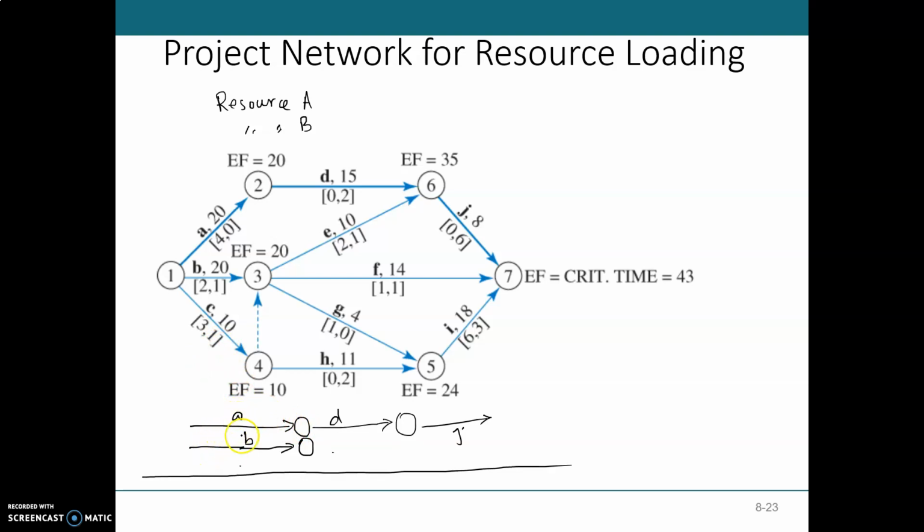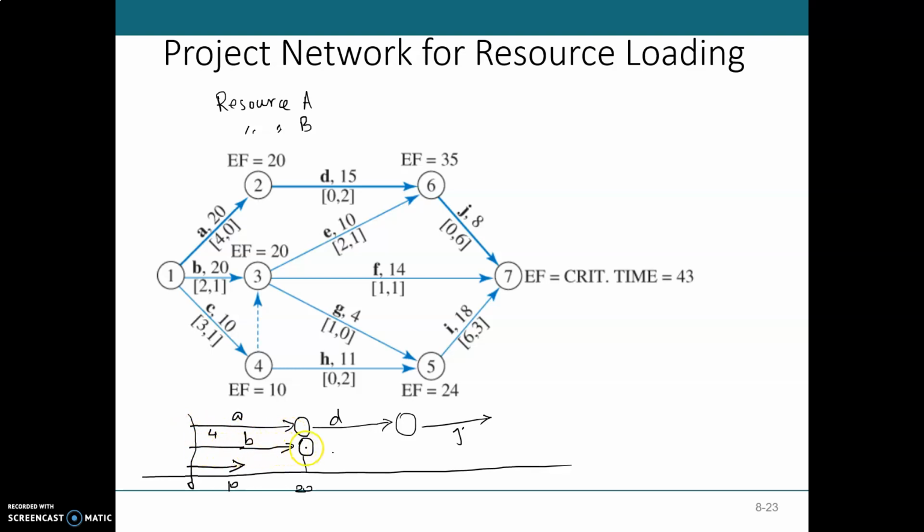So for example, A, B, and then I can also see that there is C as well, but C is for up to 10 days. So if this is day 0, this is day 10, and then this is day 20 over here. In A we need 4 number of resources A throughout this 20 days.